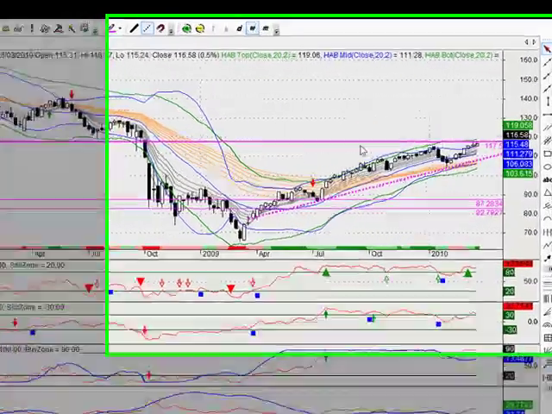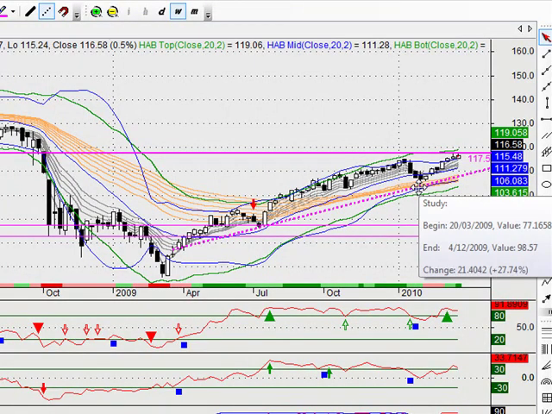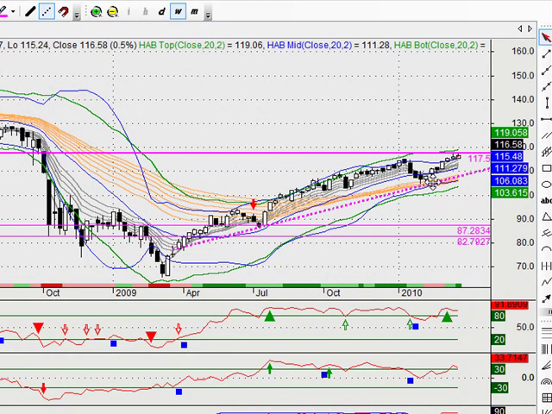So now we'll flip across to the SPY on the weekly chart. Here we can see visually on the price chart that we've had a powerful uptrend since March of this year.